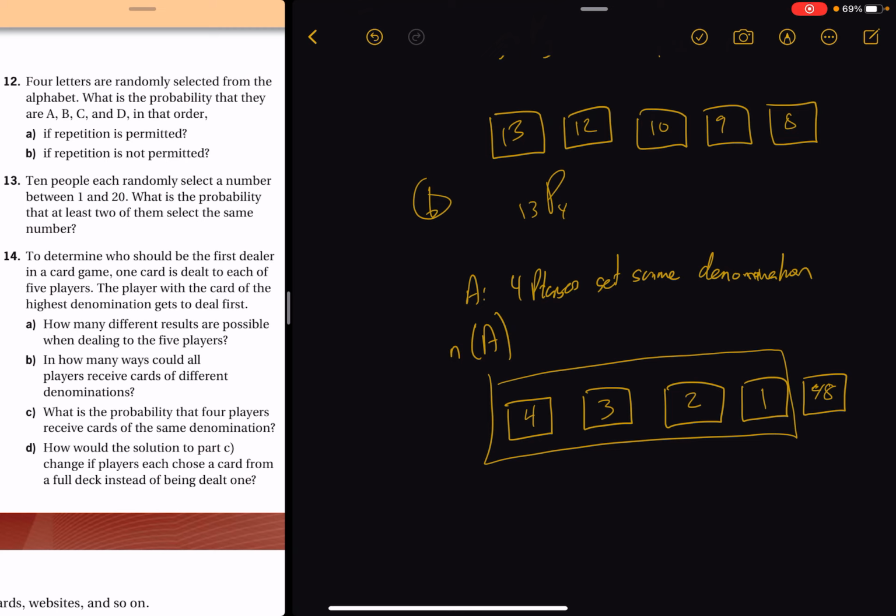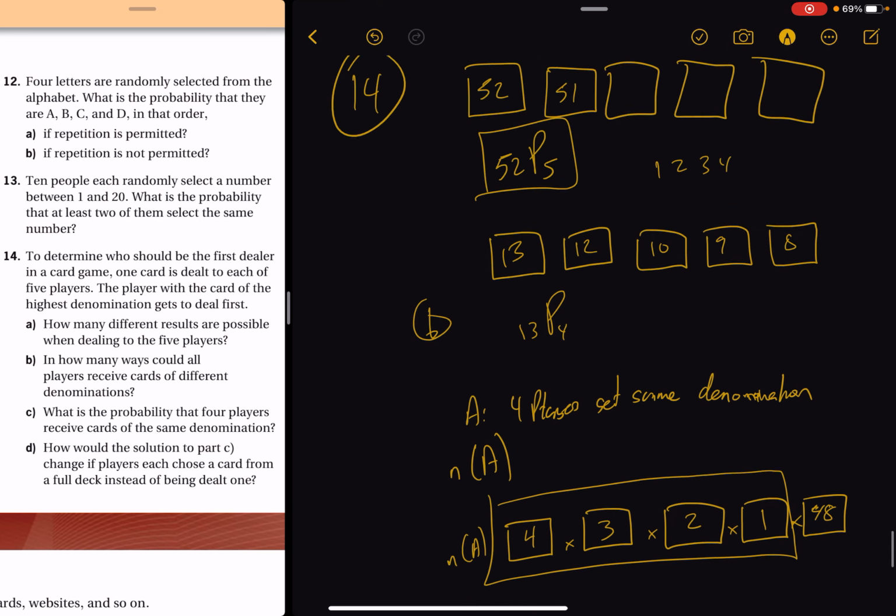But that doesn't include the fact of who gets those cards, right? Let's think about that for a second. I believe it's 4 times 3 times 2 times 1 times 48 is the answer. That is NA. And NS, of course, is 52 choose 5.